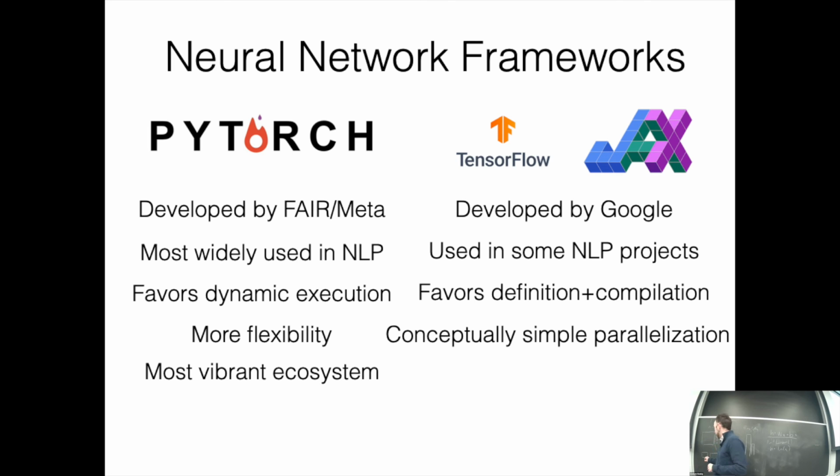This is good if you're training a very large model and you want to put this part of the model on GPU 1, this on GPU 2, this on GPU 3, this on GPU 4. It's slightly simpler conceptually to do in JAX, but it's also possible to do in PyTorch. PyTorch by far has the most vibrant ecosystem. So, as I said, PyTorch is a good default choice, but you can consider using JAX if you like new things.